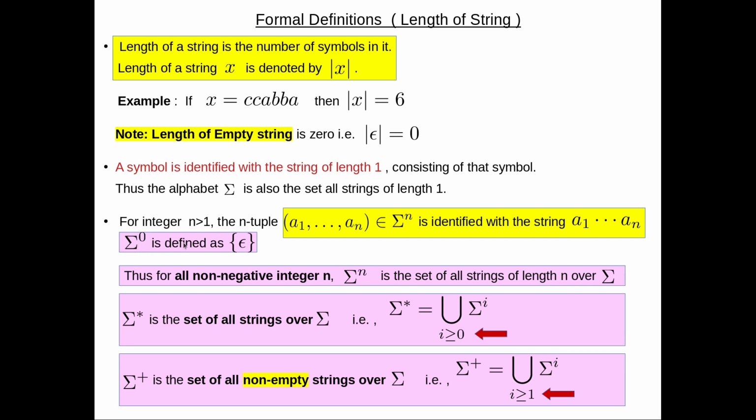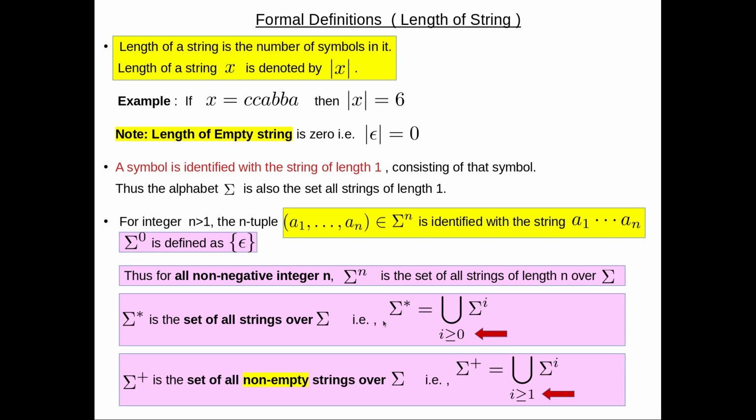So sigma to the 0 we define as the singleton set containing just the empty string. Now we define sigma star as the union of all these sigma to the i. So it contains all possible strings of length 0, 1, 2, 3, whatever length.